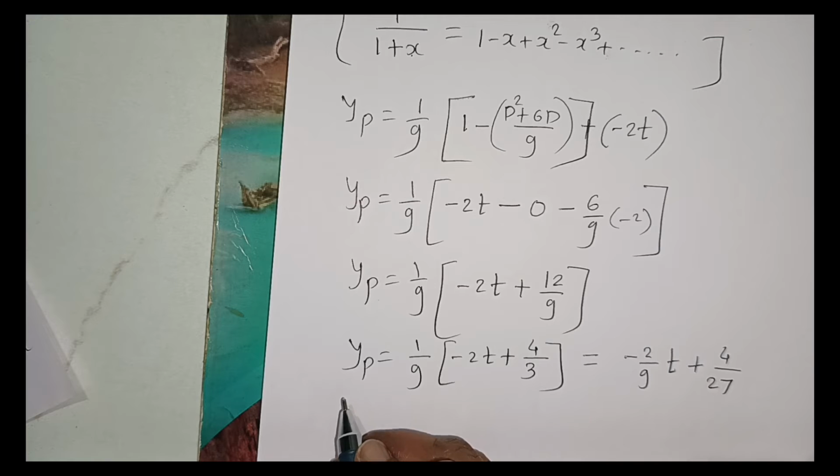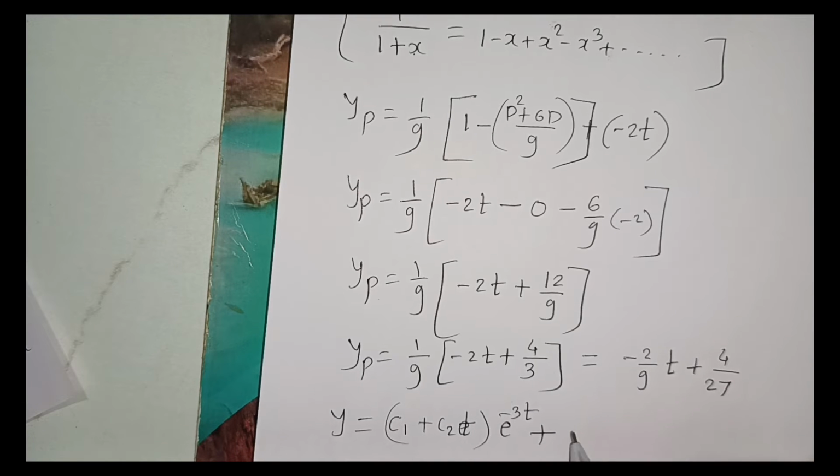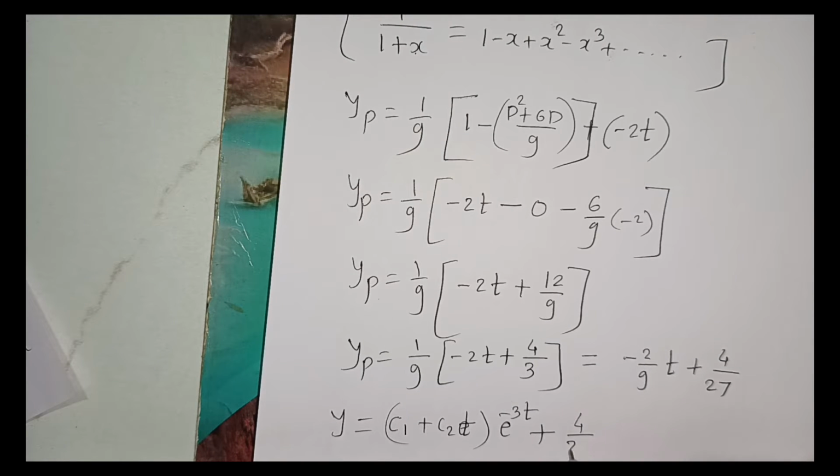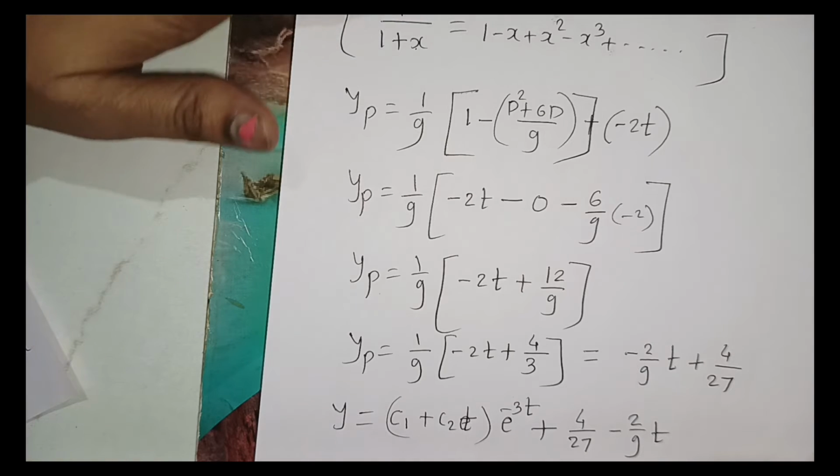Now you have yc plus yp. yc is equal to (c1 plus c2t) e raised to minus 3t, plus yp is equal to 4 by 27 minus 2 by 9 t. Now y you have in your hand, you have to find x by using y in any of the equations. You have two equations.